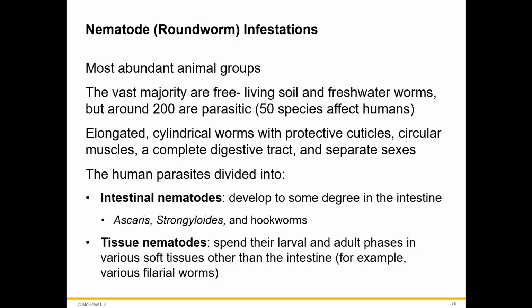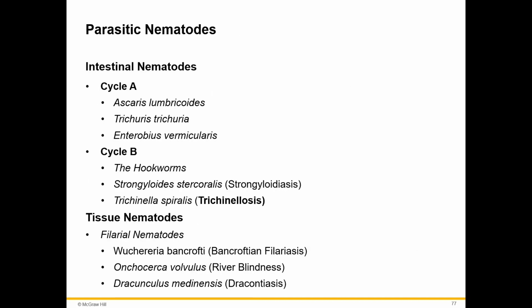Tissue nematodes have their larval phase and adult phase occurring in different soft tissues of the body outside of the intestine. So we've got the filarial worms as an example.